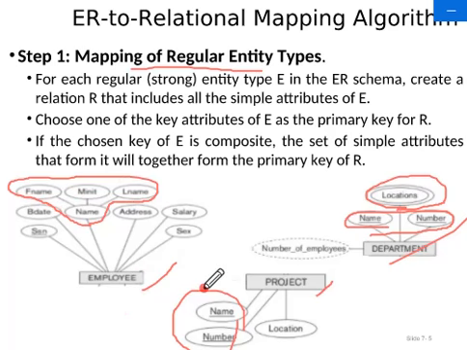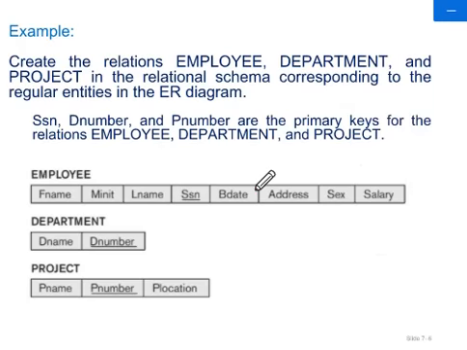If any attribute is a composite attribute, then we will write the subparts of it, not the main attribute. If there is a multi-valued attribute like location, we will use a different method to deal with it or represent it.